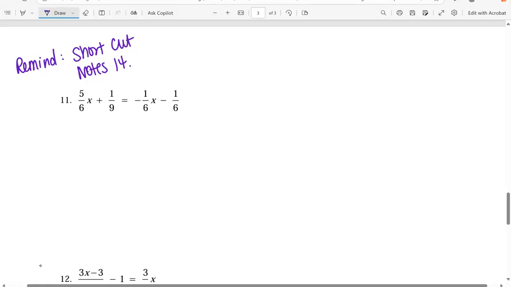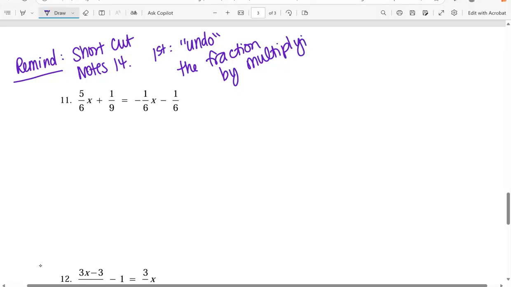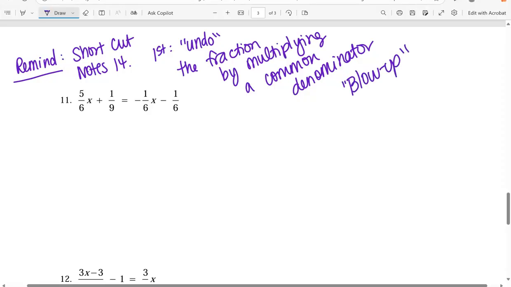In order to deal with our fractions, to simplify our life, we first undo the fraction by multiplying a common denominator. In our last lesson, we called this the blow up number. We blew up our fractions.